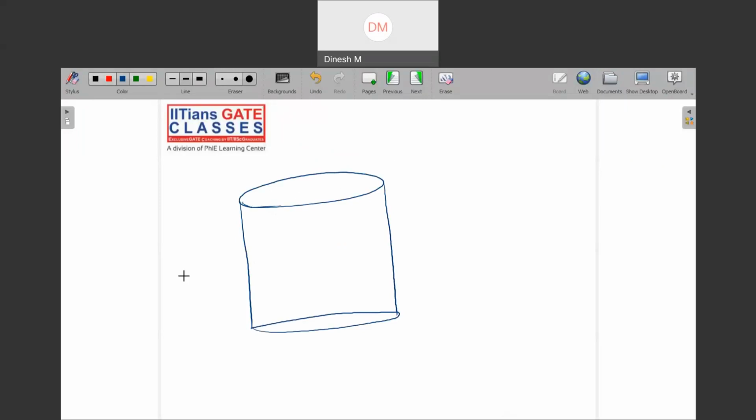Let us say this is surface 1, this is surface 3, and this is surface 2. This is the length of this surface, and this is the diameter, and it also says that length is equal to diameter. So now my job is to find out F12.